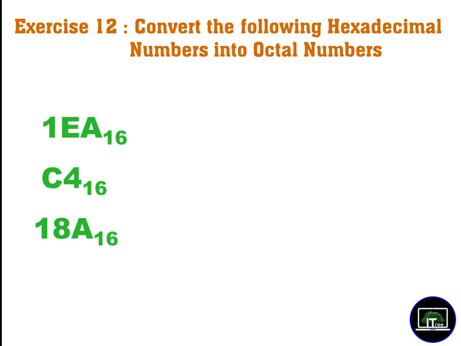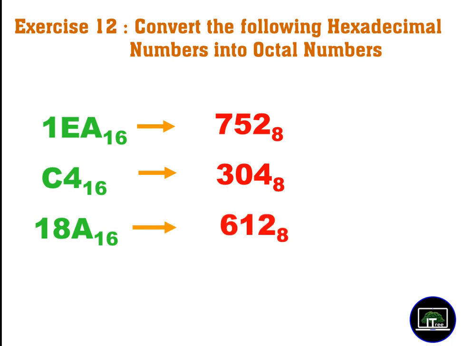When you convert from hexadecimal to octal, you get the answer. What you got? Is this? Yeah, it is 752. C4. You got? Yeah, it's 304. 18A. It should be 612.